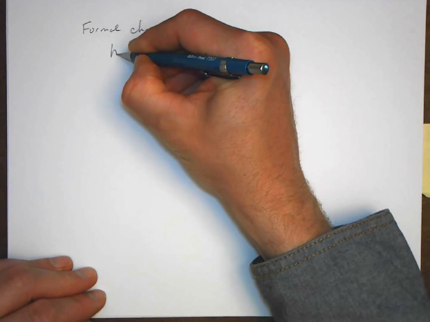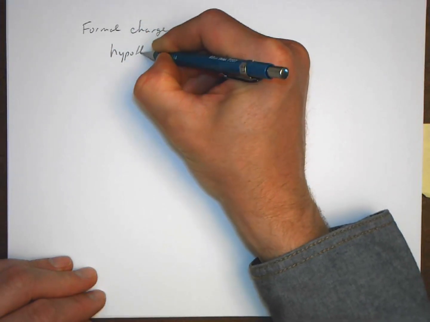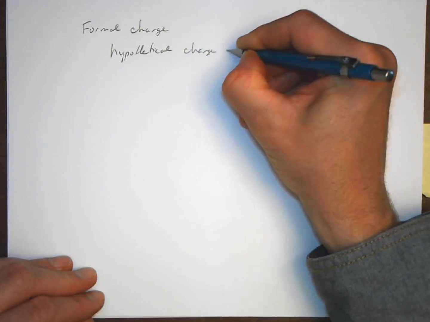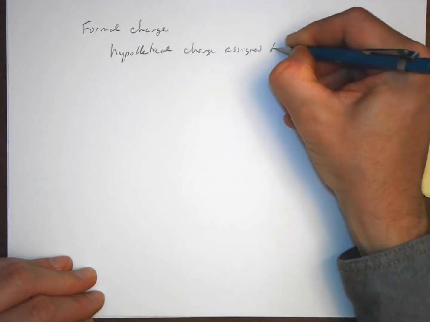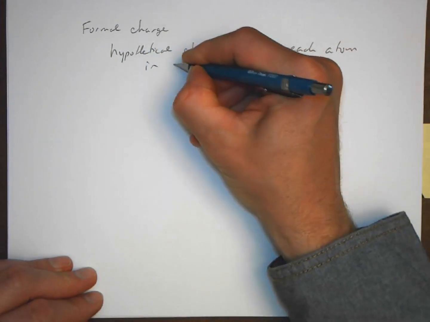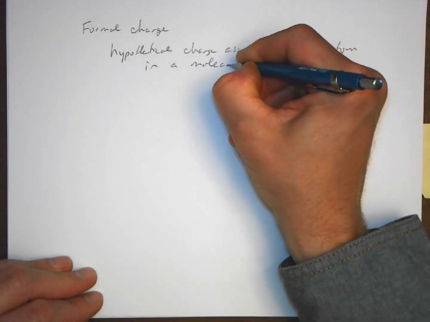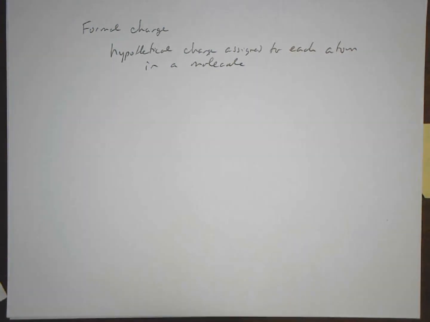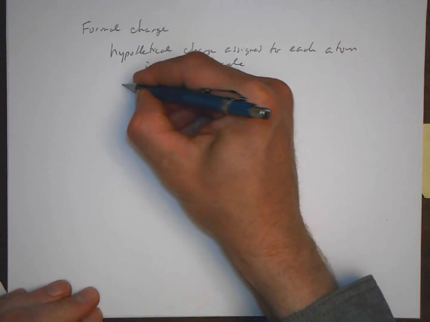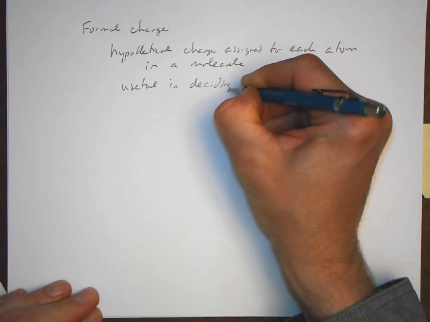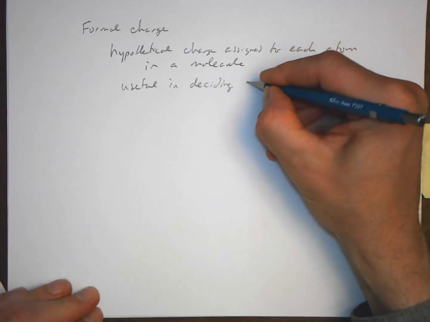Formal charge is a hypothetical charge assigned to each atom in a molecule that's useful in deciding between alternative Lewis structures.